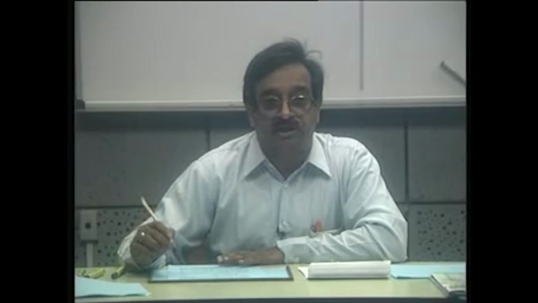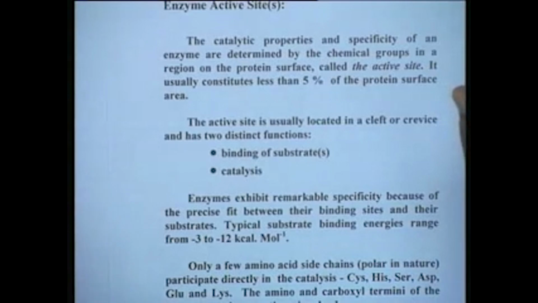If it does not catalyze the reaction, it will only remain as a ligand binding site. Now, typical substrate binding energies range from 3 to 12 kilocalories per mole. That is the order of magnitude which the binding energy goes in the binding of the substrate.